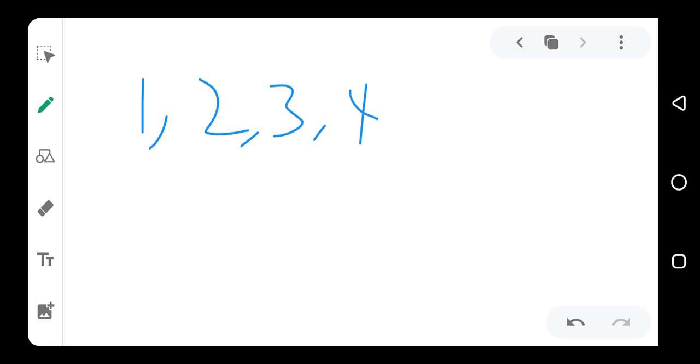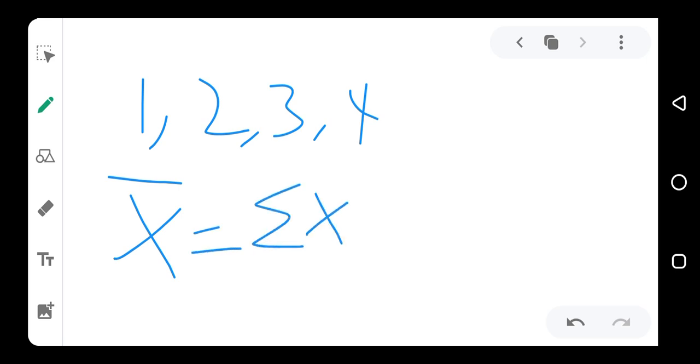Now, remember that our formula is x bar, which is mean. Mean is equal to sigma x all over n.